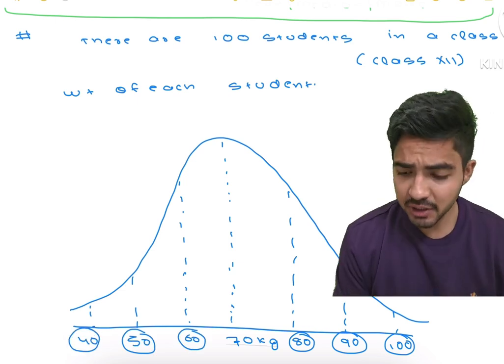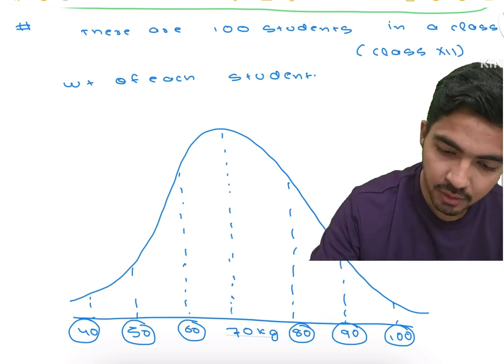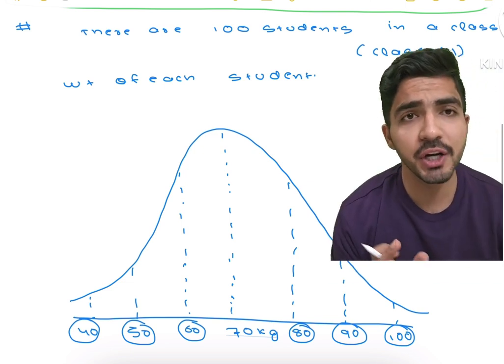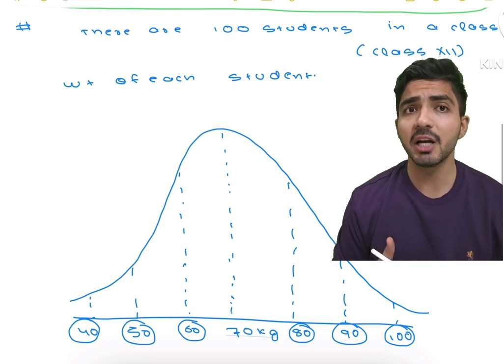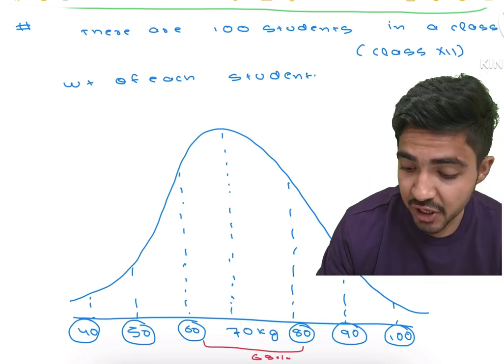As it is very obvious from this curve, the majority of the students fall between the weight of 60 kilogram to 80 kilogram. What do you mean by that majority? Majority here means 68%.